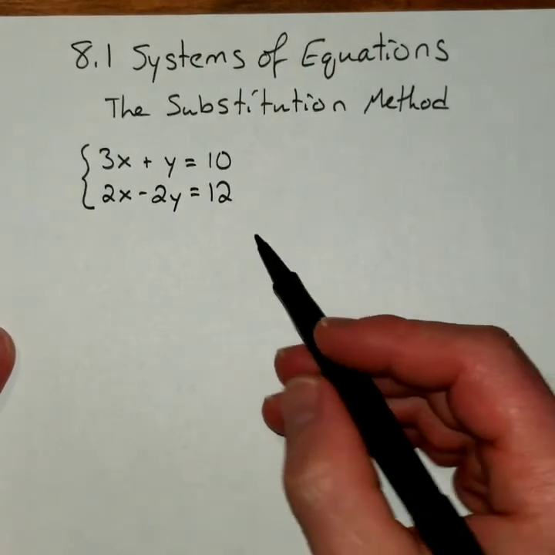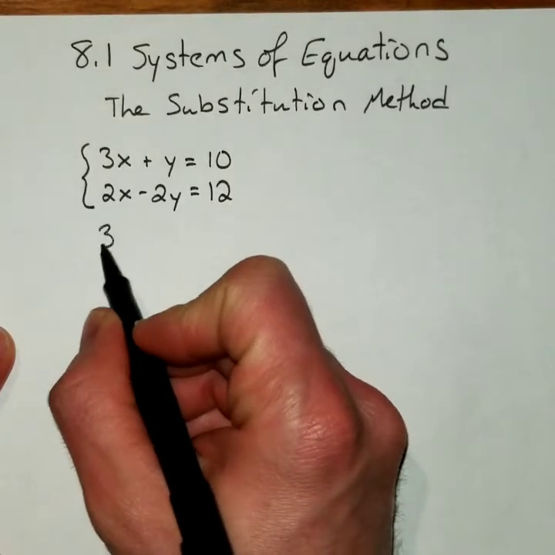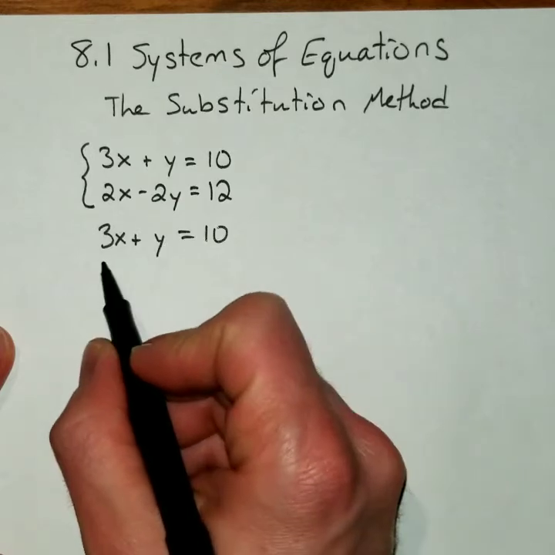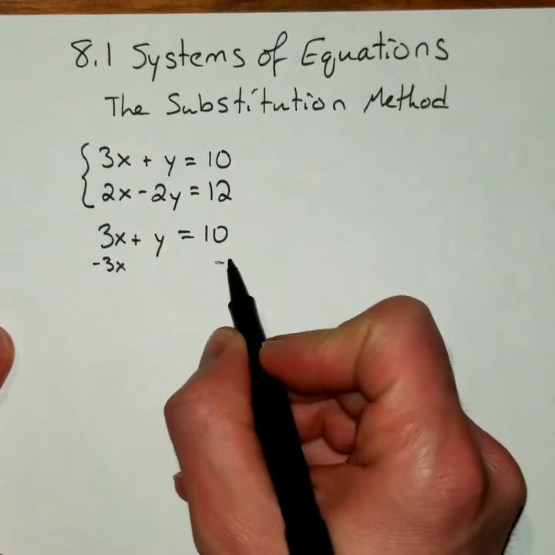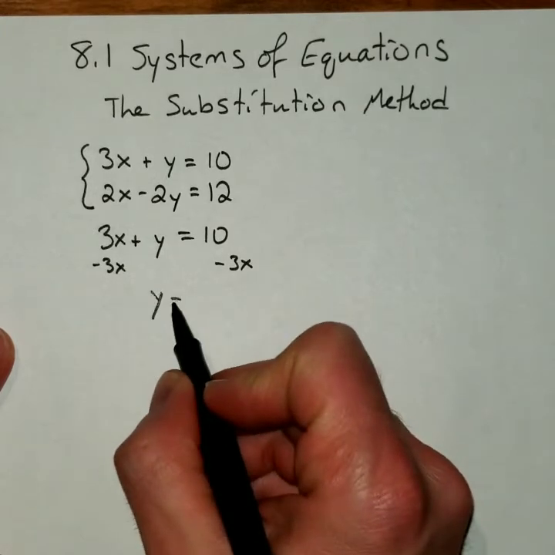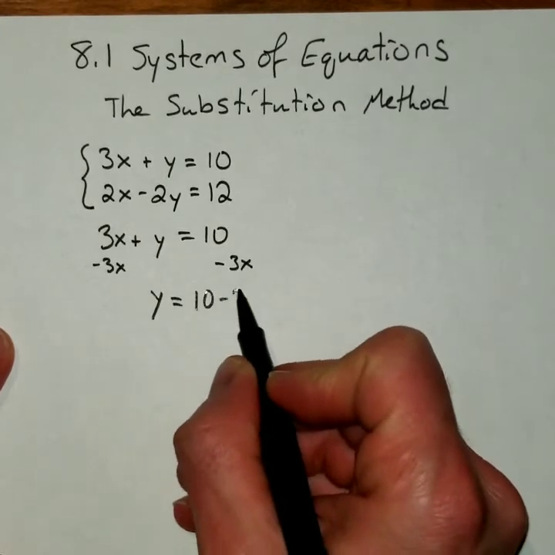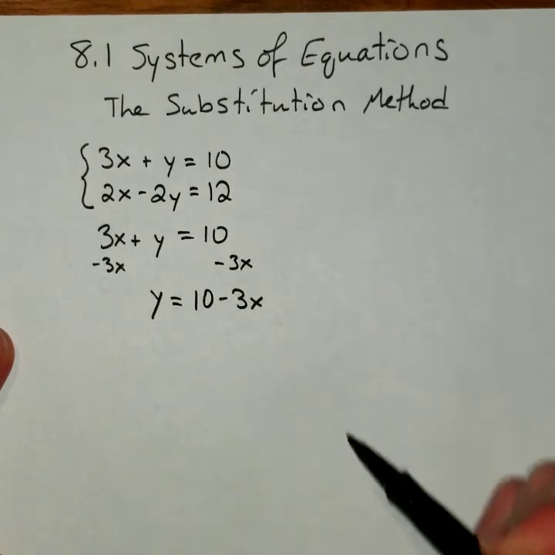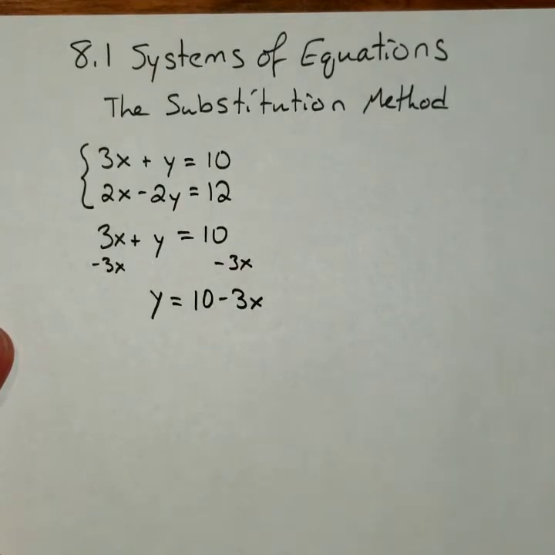Alright, so let's take the first equation, 3x plus y equals 10. We'll solve for y, so I'm going to subtract the 3x from both sides, and I get y equals 10 minus 3x. Remember that these are unlike terms, so they cannot get combined.